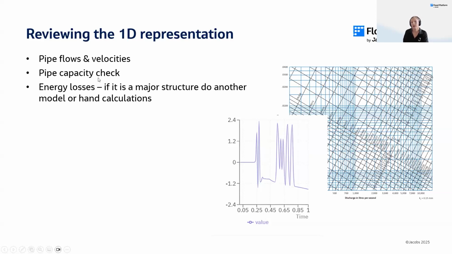The other thing you can do is a pipe capacity check. TUFLOW has one built in, so does ICM, and lots of other products probably do. I also had a chart like this that sat on my desk when I first started, to get a good feel for what size pipes can carry what size flows. I'll put a link in the chat to this in a moment, but culvert manufacturers have this in their handbook so that you can pull it up.